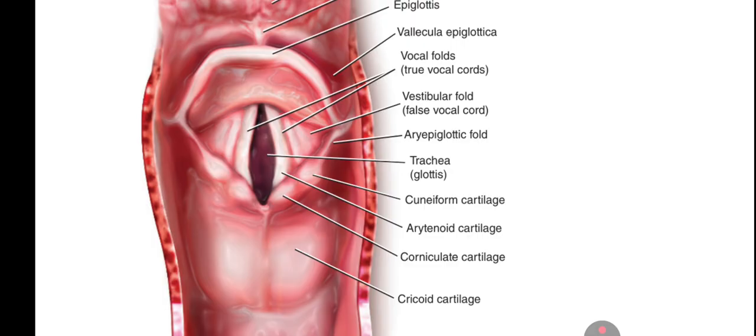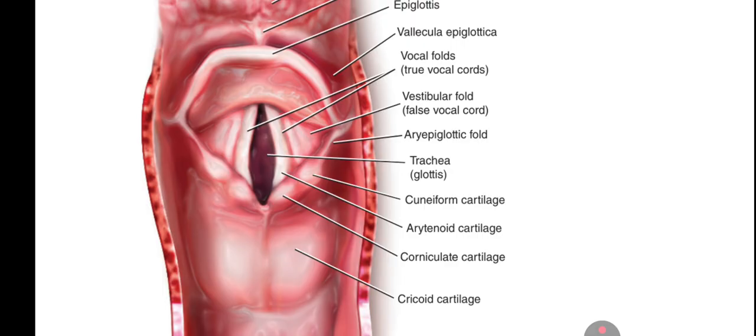The true vocal cords are the ones that produce sounds by vibrating, and the false vocal cords support them.